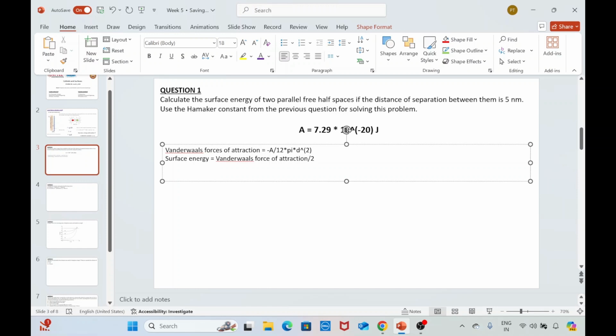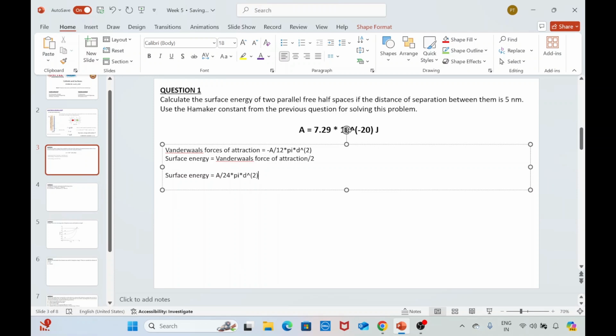So that means the surface energy will be A by 24 pi d square. So this is the expression for the surface energy of two parallel flat surfaces.